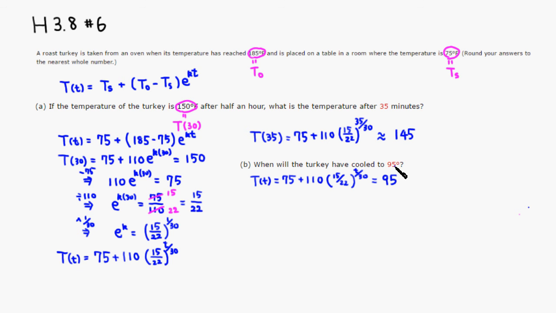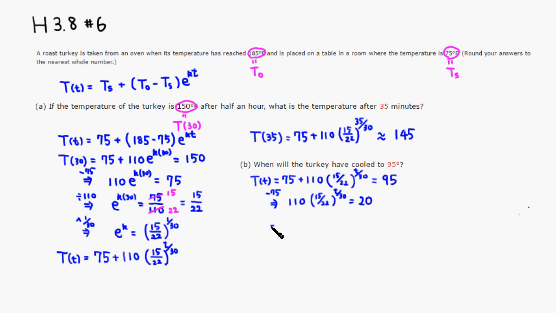Let's solve for t. First I'm going to subtract 75 to get 110 times 15 over 22 raised to the t over 30 is equal to 95 minus 75, which is 20.